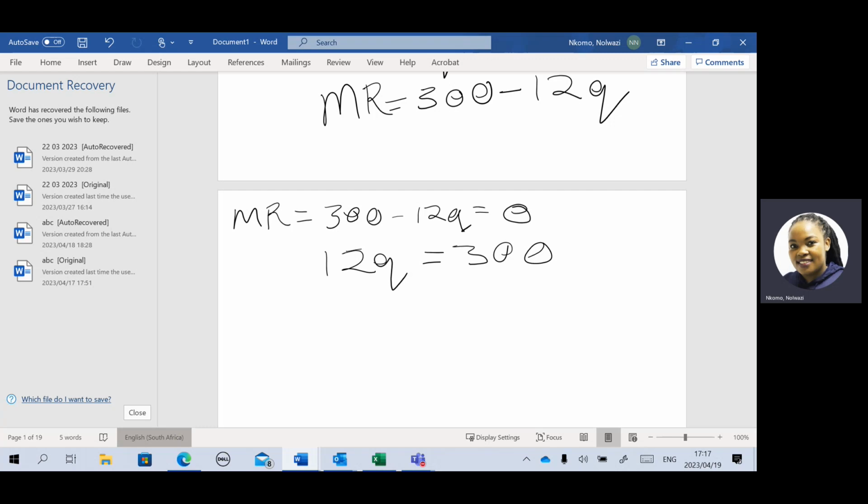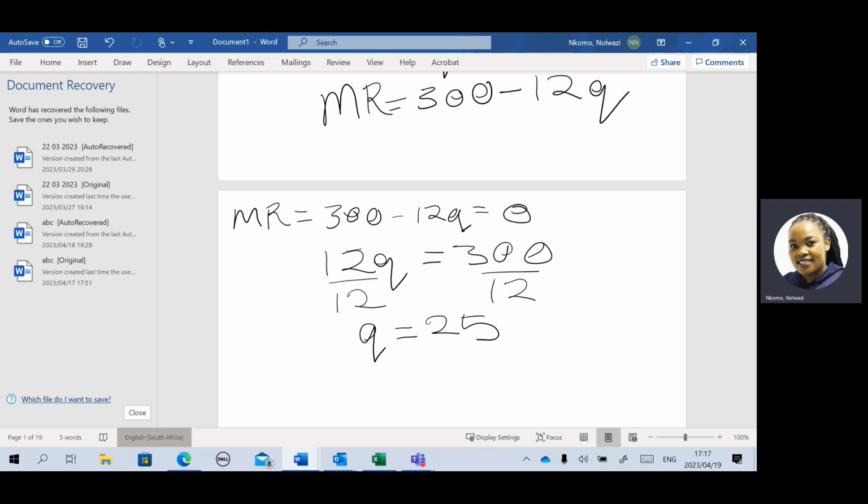Remember, the aim is to make Q the subject of the formula, so we don't want 12Q, we need Q. To get rid of 12, we divide both sides by 12, and you should get Q equals 25.